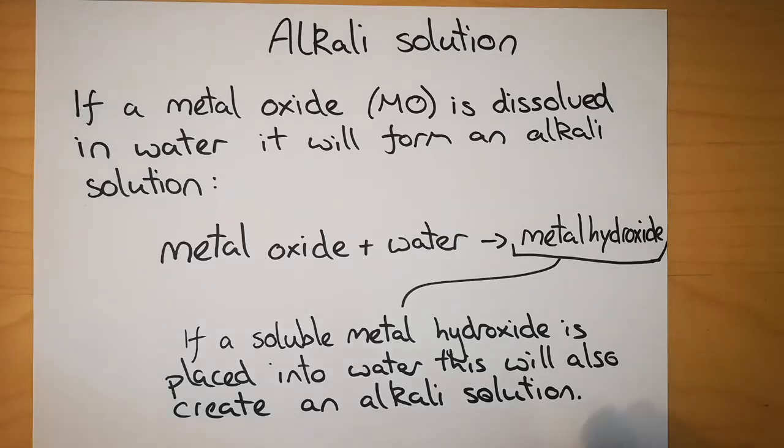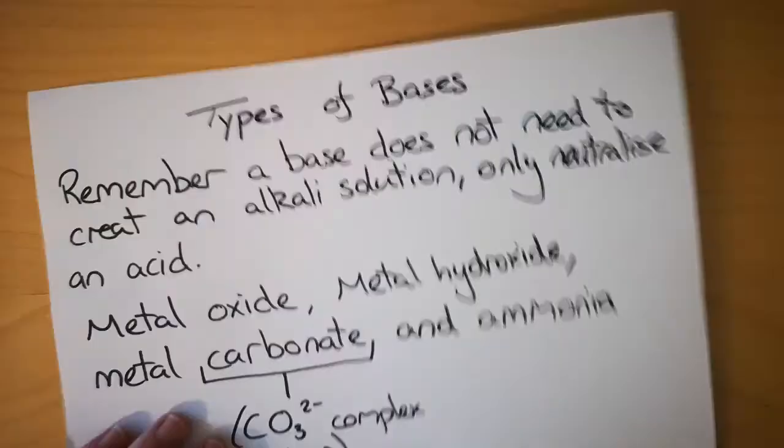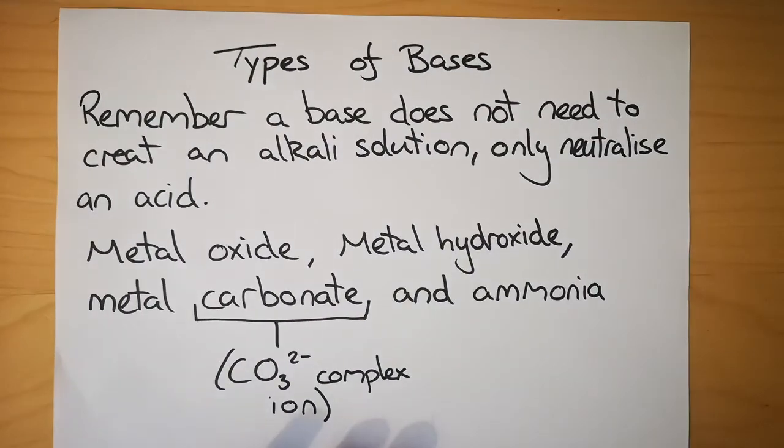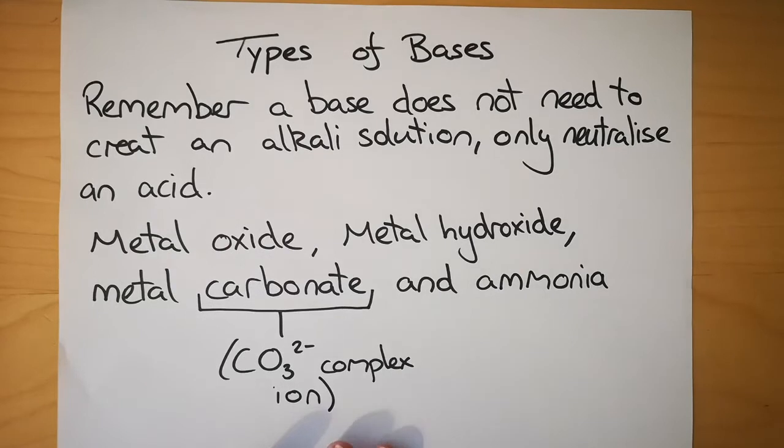So what I want to do is shift on to bases. Now, what you've got to remember with a base is that it will neutralize an acid. All metals are bases, and metal oxides, metal hydroxides, metal carbonates, and ammonia are bases as well.